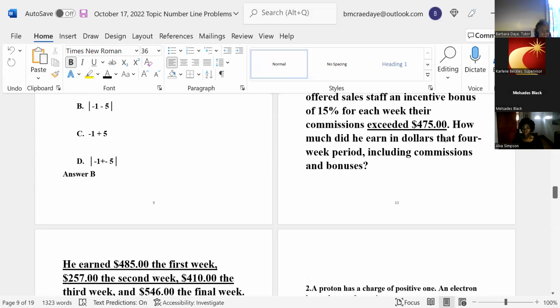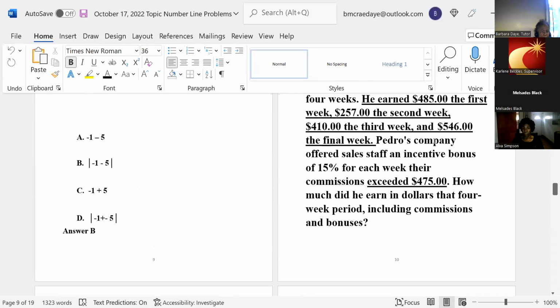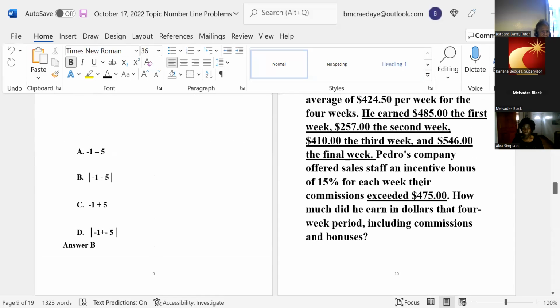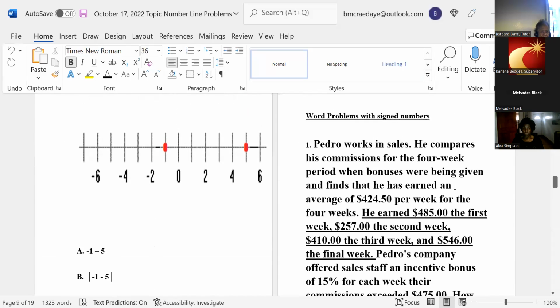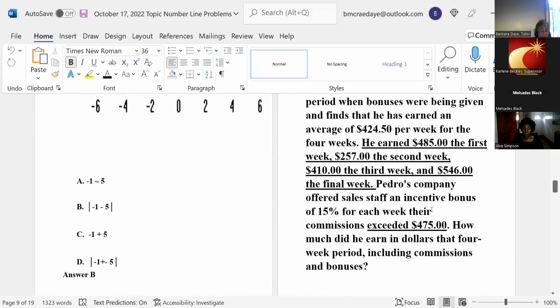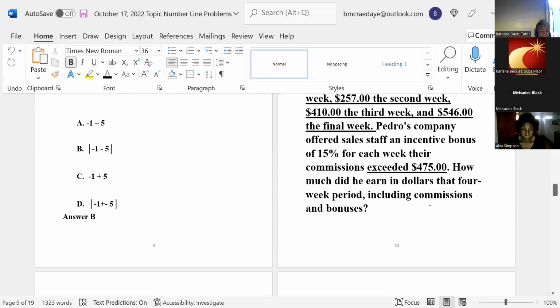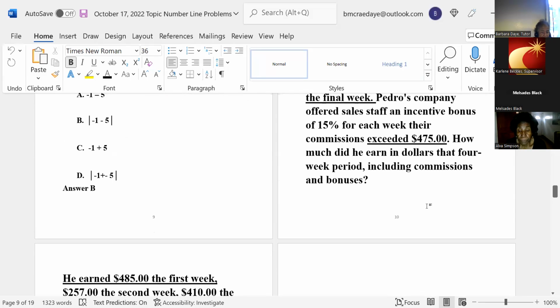They say, how much did he earn, including commissions and bonus? So he earned a certain amount, then he got an incentive bonus. For each week, their commissions earned $475. So these are his commissions, right? Yes. An extra bonus of 15% is added to those commissions.